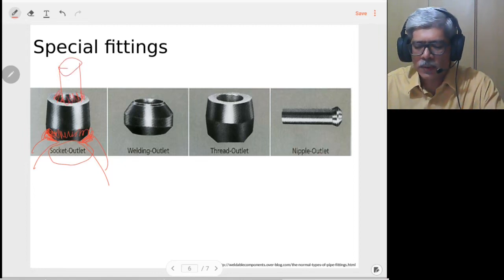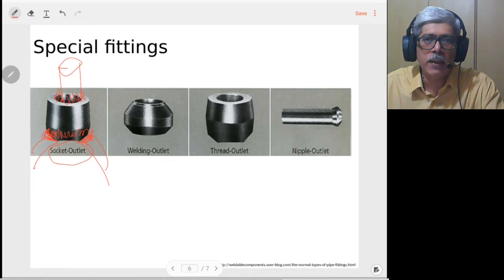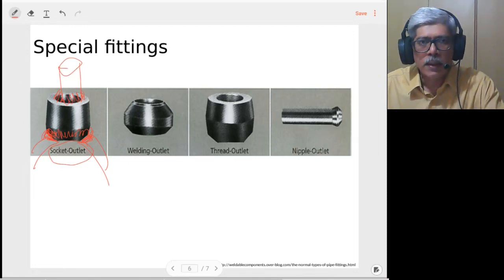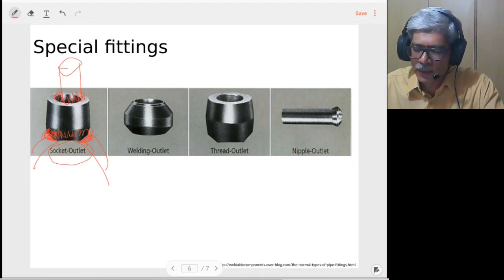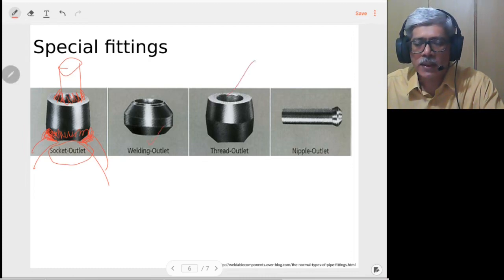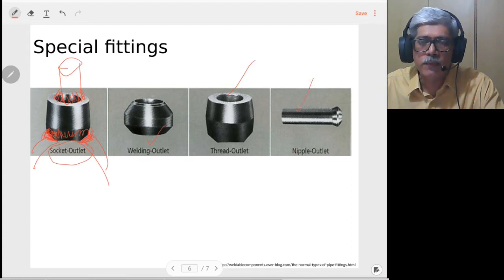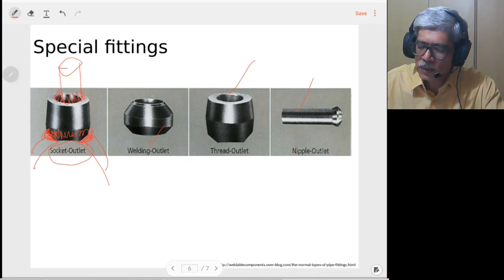So this is known as sockolet, where you have a weld on one side and the other side is socket weld type, or you can have both sides welded, or you can have threadolet where one side is thread and the other side is welded, or you can have a nipple where there is a long pipe which is coming out and which is welded to a large pipe.